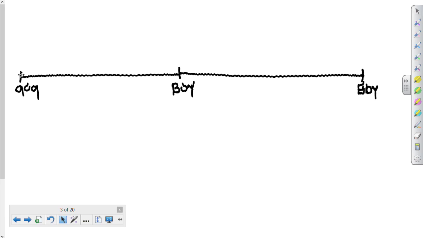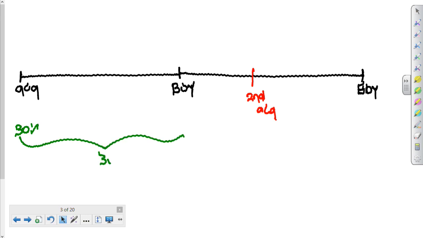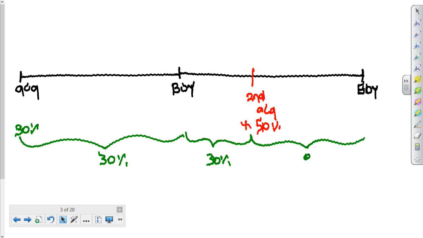Because if I had a second AC here, and if I use the same numbers that I had in my example, then I acquired 30% here. From here to here, I own 30%. In the current year, from here to here, I own 30%. Then I acquired another 50. So then from here to here, I have 80%, and I have a sub at year end.